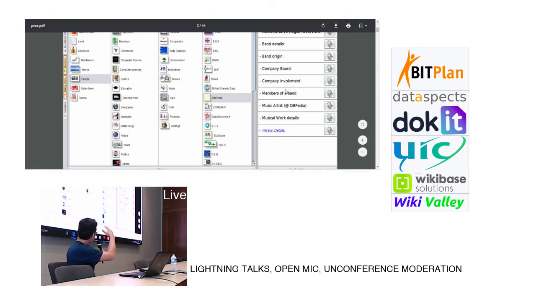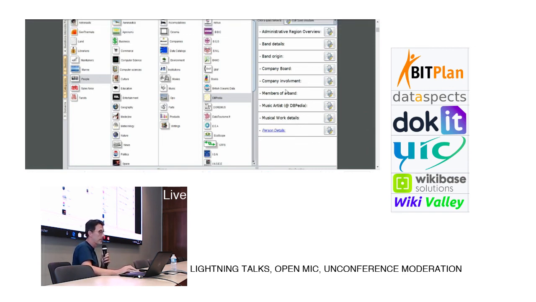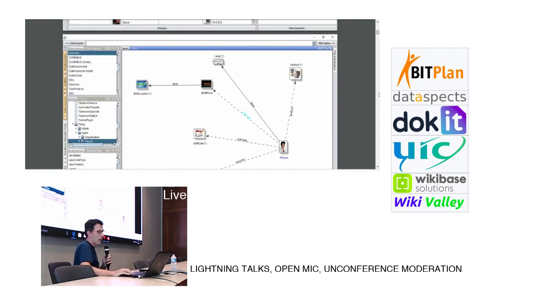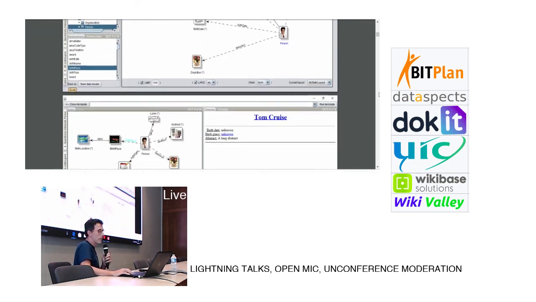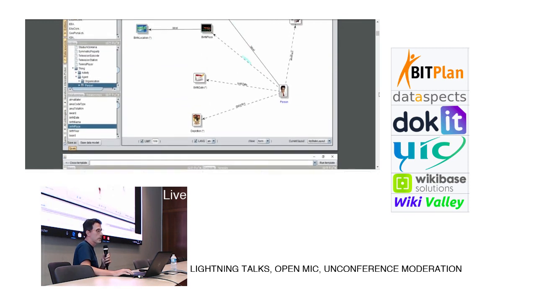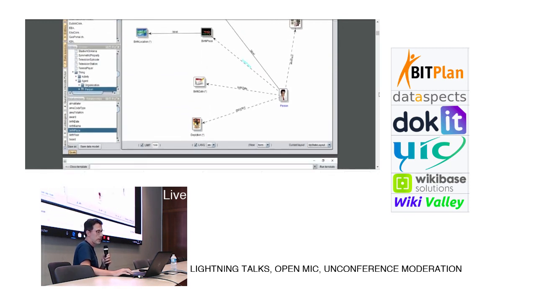So you just create categories and you put queries on the right-hand side inside the categories, and then you create the queries visually. So you point at an endpoint, you have the model, and you drag and drop the model inside the big visual area, and you create the query like this. So basically, it's a visual tool to create SPARQL queries and run them and get the results displayed in widgets, but I won't go into detail for that.